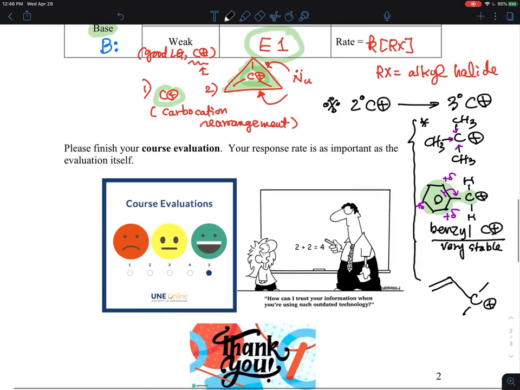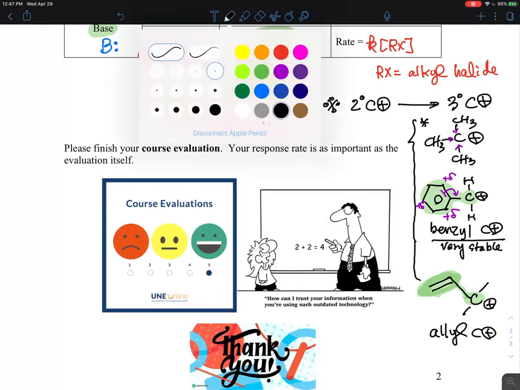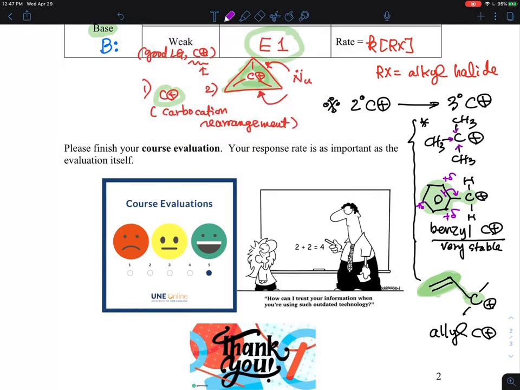Okay, and this is what we call the allyl carbocation. This double bond connected to the carbocation is also good enough to stabilize it, and it's the same kind of idea that they can form the double bond here, and they can develop partial positive charges. If they can spread the charges around, they can be a stable one.